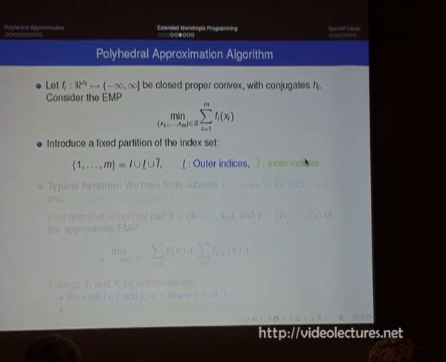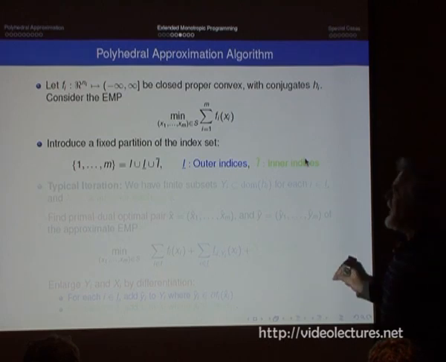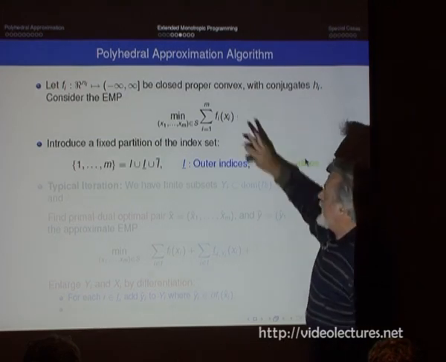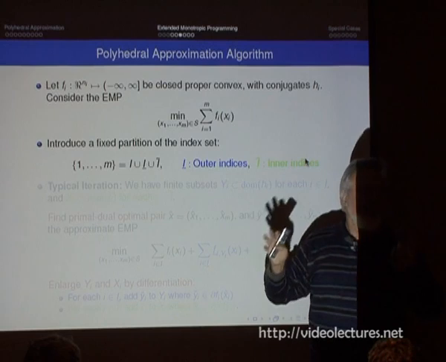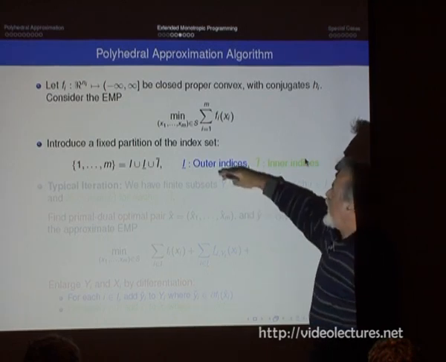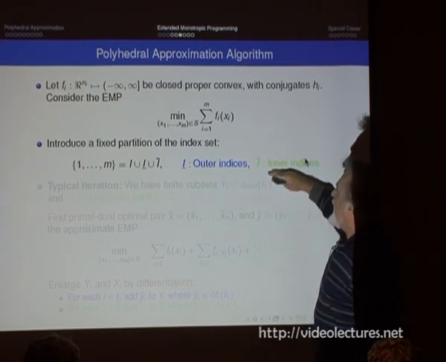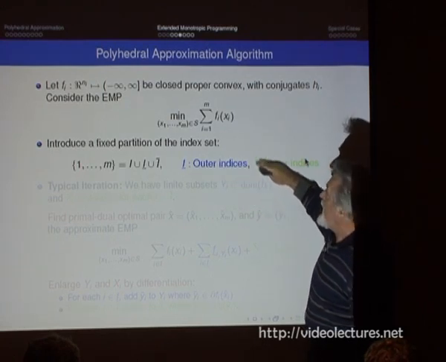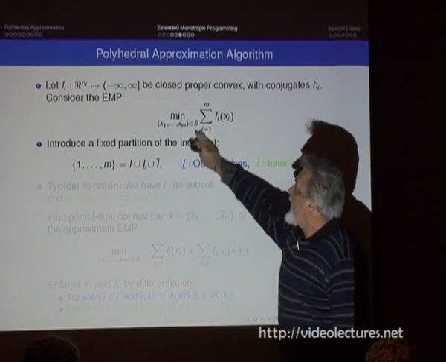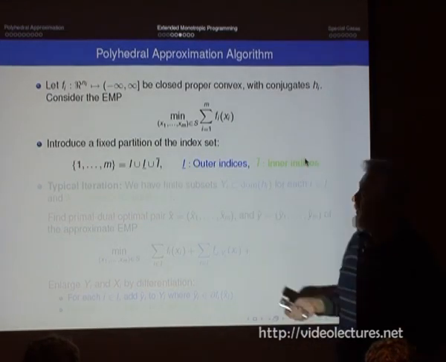Now, here's the algorithm. We have the extended monotropic program here, and we partition the indices. The blue indices are going to be outer linearized. The green indices are going to be inner linearized, and what's left is going to be left untouched.